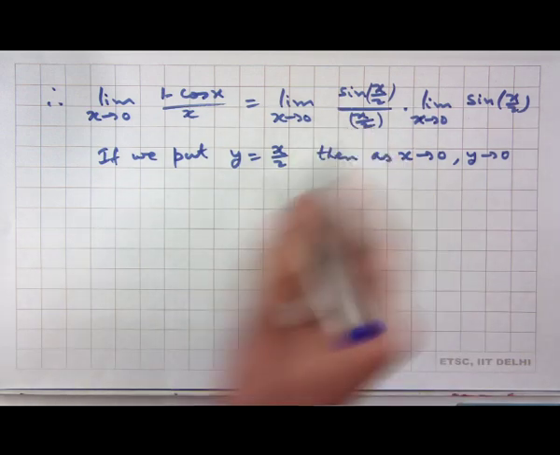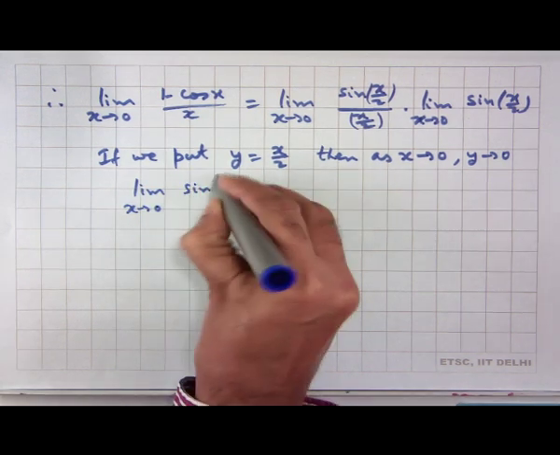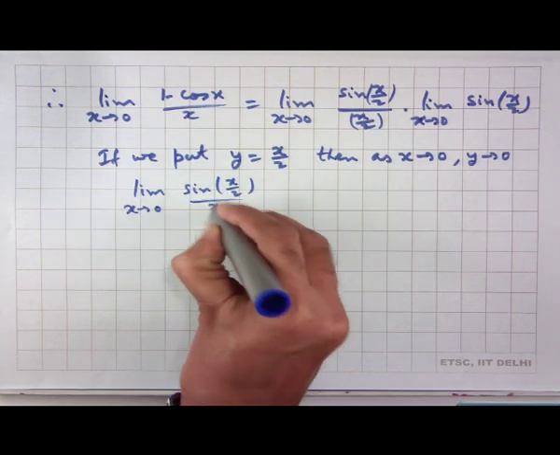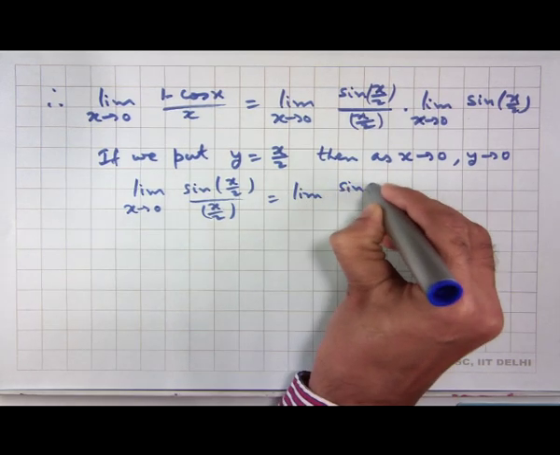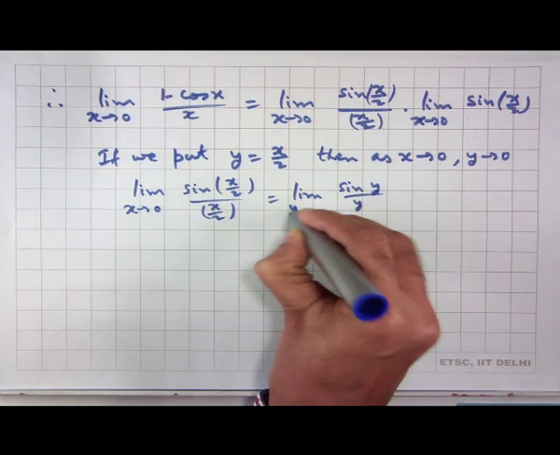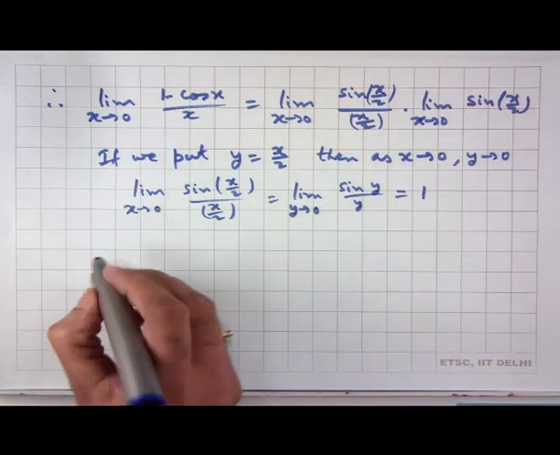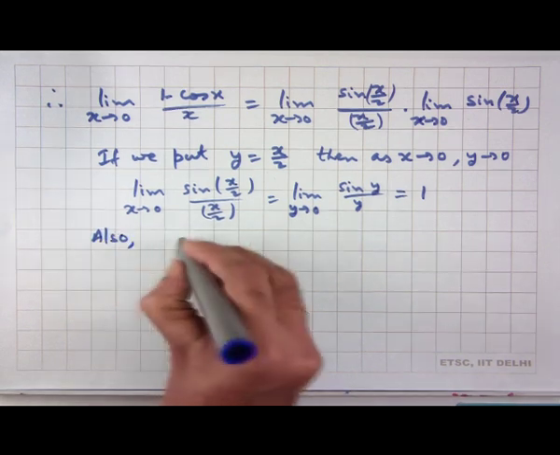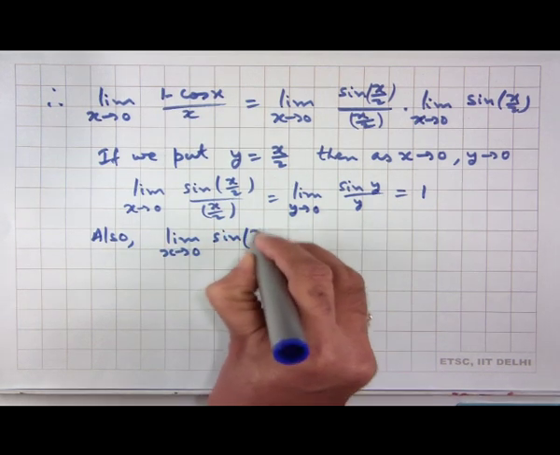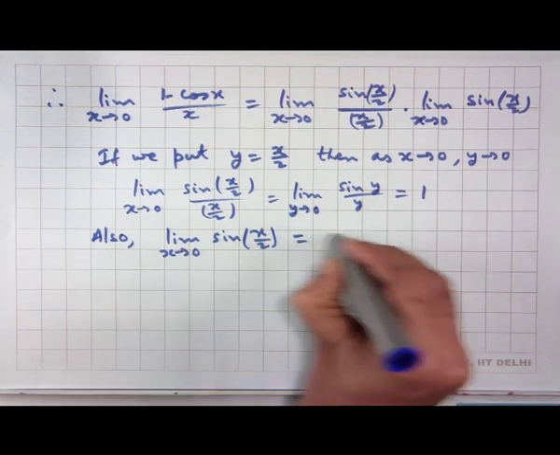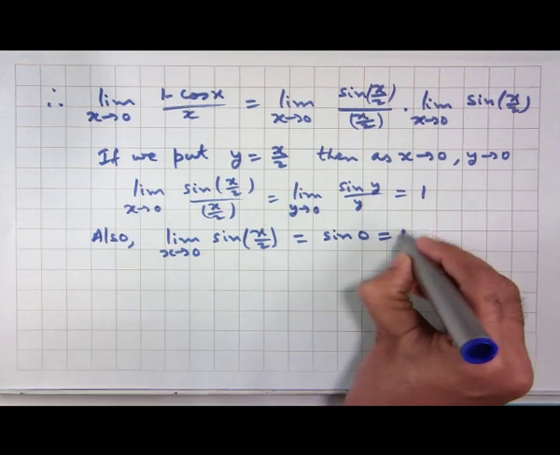So, this limit as x goes to 0 of sin x by 2 divided by x by 2 is equal to the limit of sin y by y, where y is approaching 0, and this limit we know is 1, and of course, the other limit as x goes to 0 of sin x by 2 is equal to sin of 0, which is 0.